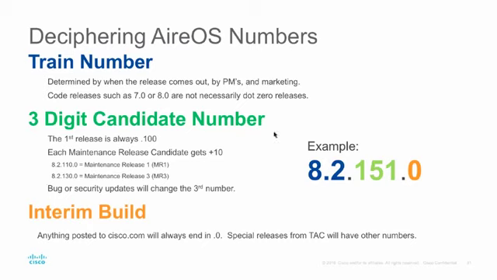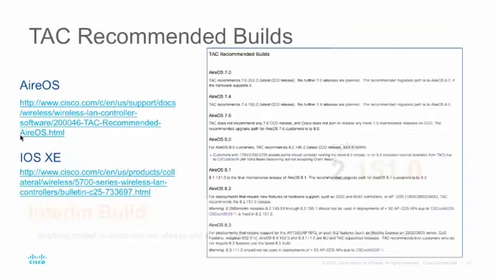I'd also like to recommend another site that I've got up here. I've got two sites actually. They're both recommended build sites. The first one is for our AireOS code trains. This is what TAC recommends on what builds you should be running and why, for what deployments, and if any bugs have affected them and have been fixed.